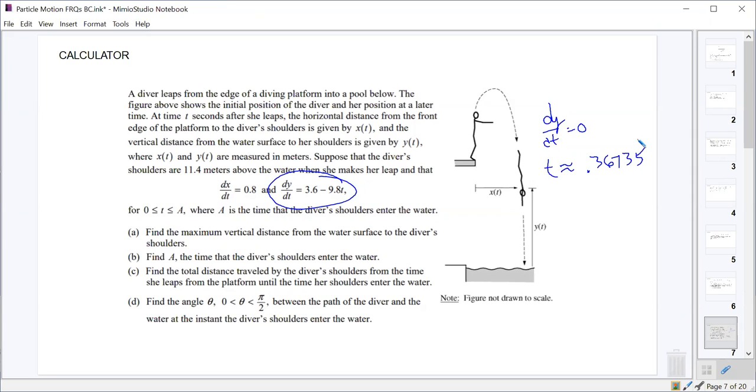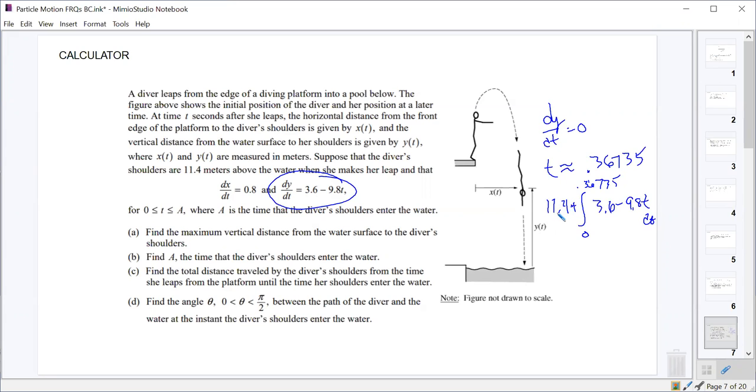Okay. And we want to actually find the maximum vertical distance. So in order to figure that out, we need to integrate the dy dt value from 0 to this t value. So we'll say the integral from 0 to 0.36735 of 3.6 minus 9.8t dt. And then we'll have to add to that the initial amount, which started off 11.4 above.